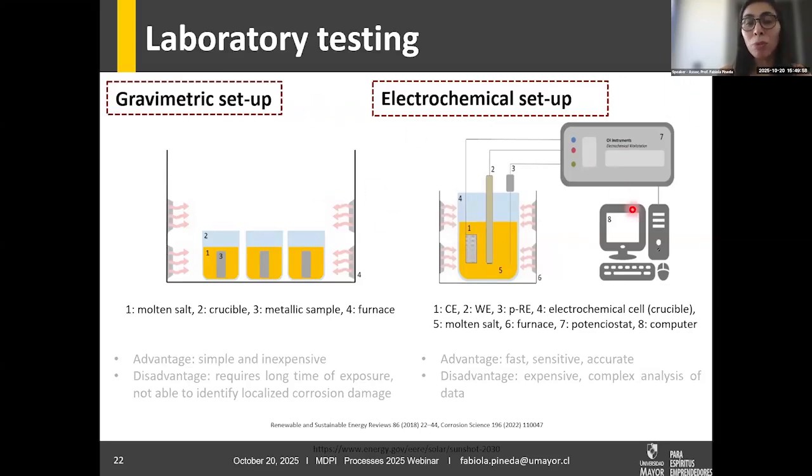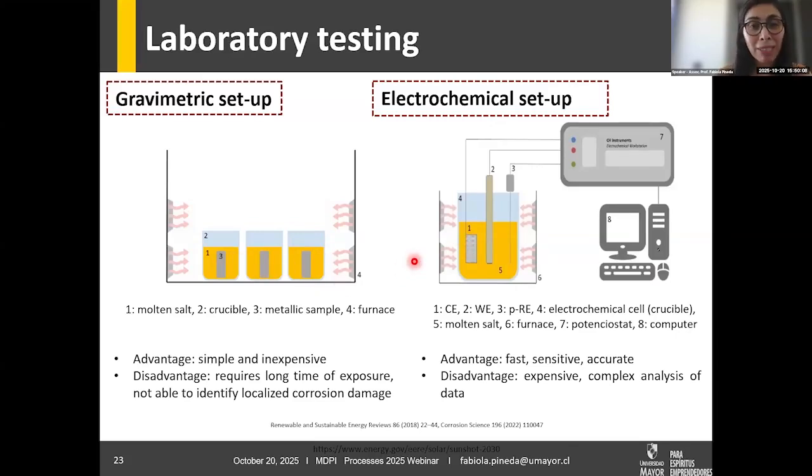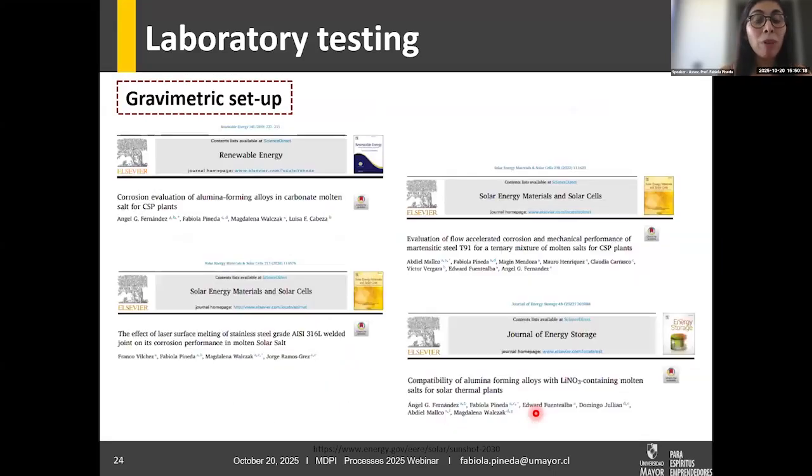I think that most of you know about this. In our case, we use molten salts in the laboratory, and we use the same stainless steel that is used in the CSP plant. And in the case of gravimetric setup, we have some advantages, some disadvantages, and the same with electrochemical setup. We have worked with both of these setups.